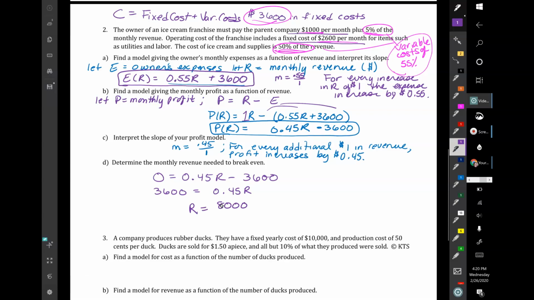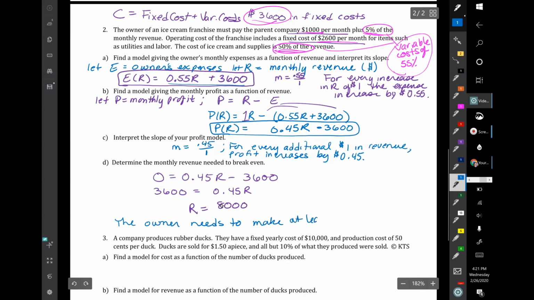So we could say something like, the owner needs to make at least $8,000 in revenue to break even.